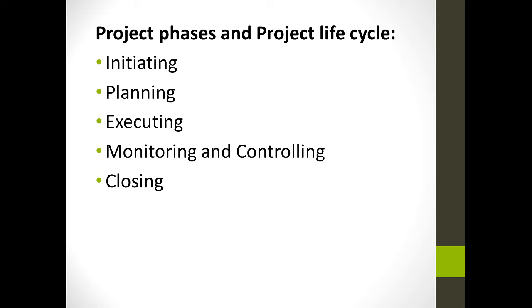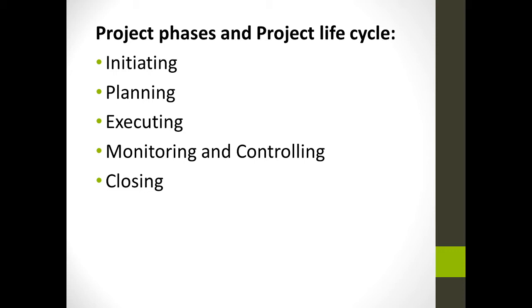In the initiating phase, all the requirement analysis and requirement gathering happens. The second phase is planning. If you know all the requirements of the client, the time scale and the budget, according to that you have to give a plan. That plan should be proper, so that it follows the time and budget.